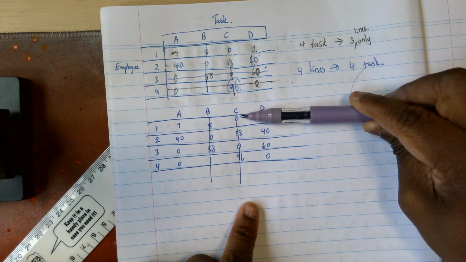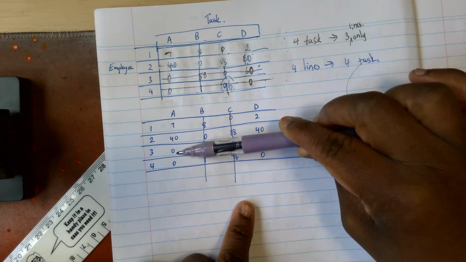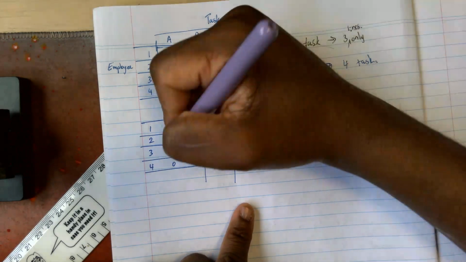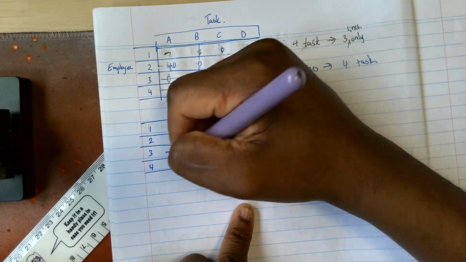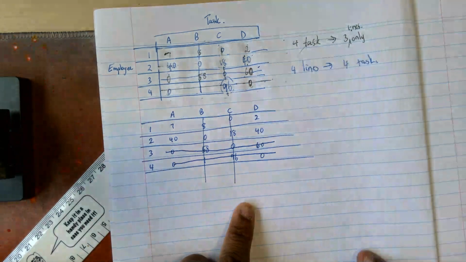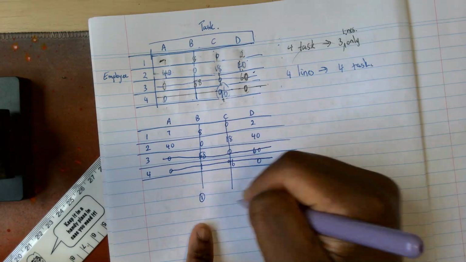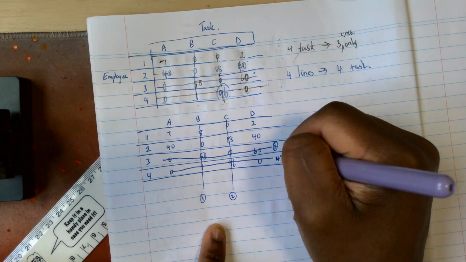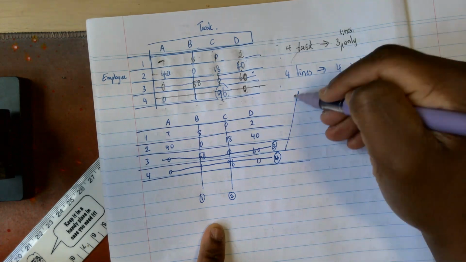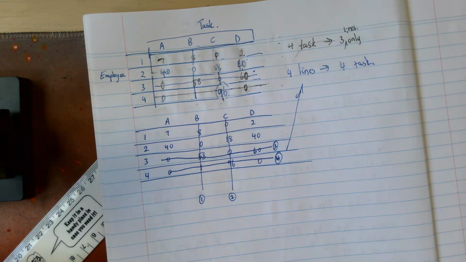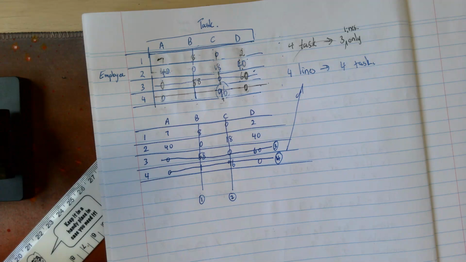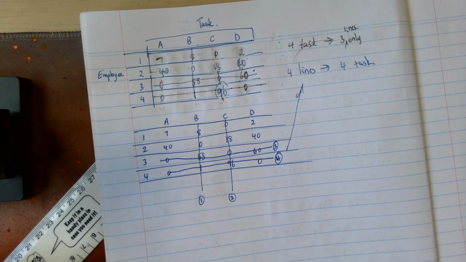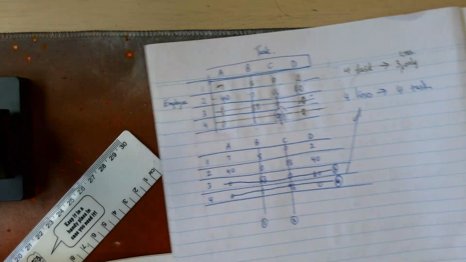So now I'm going to use 2 horizontal lines to cover these other remaining zeros. So here we've got 1, 2, 3, 4. That's how I got 4 lines for 4 tasks. So from there, we can draw a graph to represent this information.